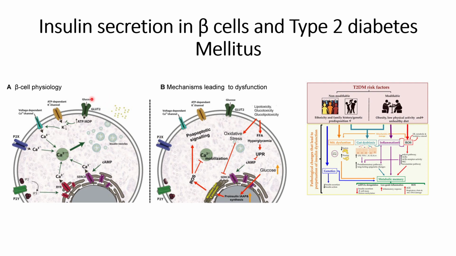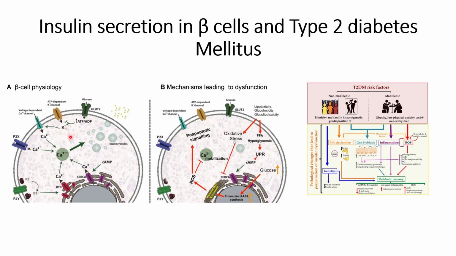This will lead to intake of glucose from the blood vessels into the cells with the help of GLUT2, glucose transporter 2, and this will lead to an increase in ATP to ADP ratio because of the catalytic reaction of this glucose.